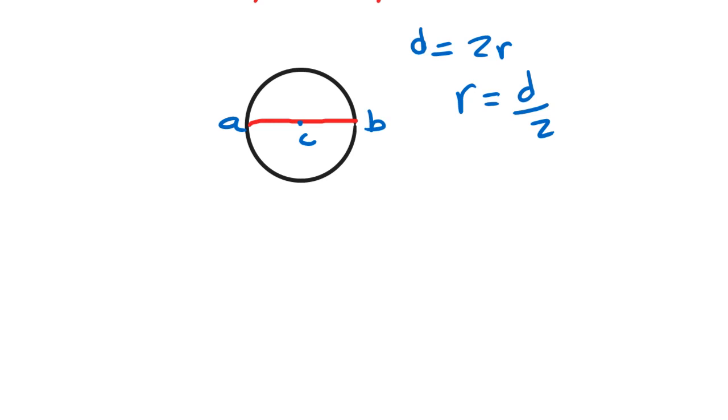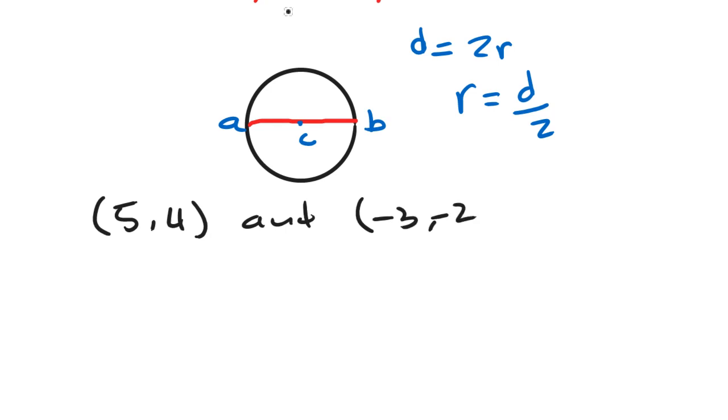So why don't we use that we have a circle with the endpoint 5, 4, and we have another one with -3, -2. Okay, so why don't we find the distance then?